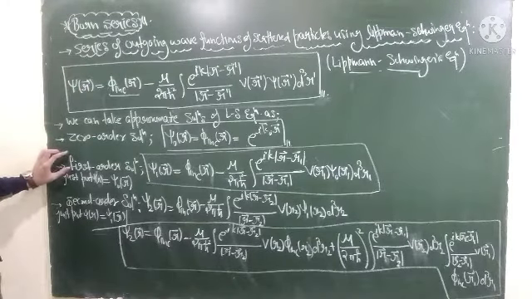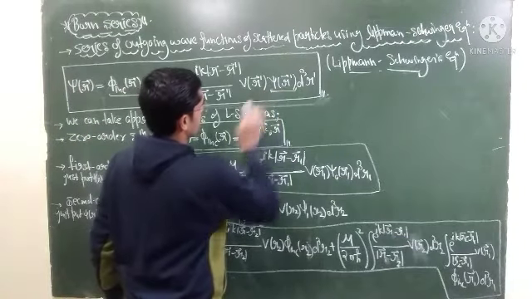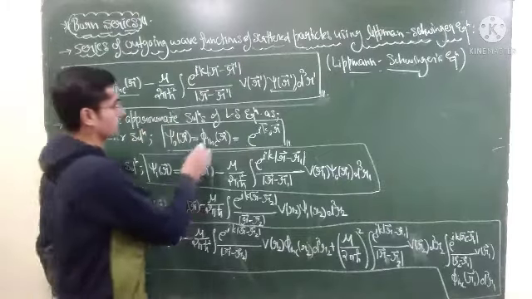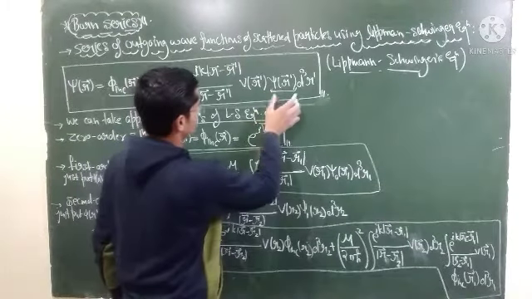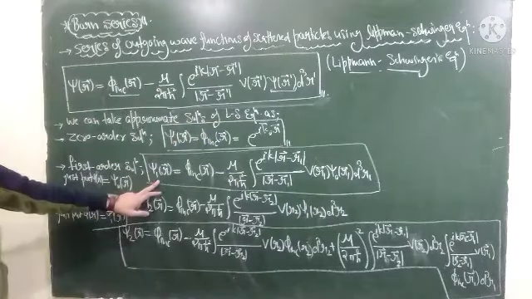For the first order solution, you just have to replace this function by the zero order approximate solution, and you will get the first order solution of the Lippmann-Schwinger equation.